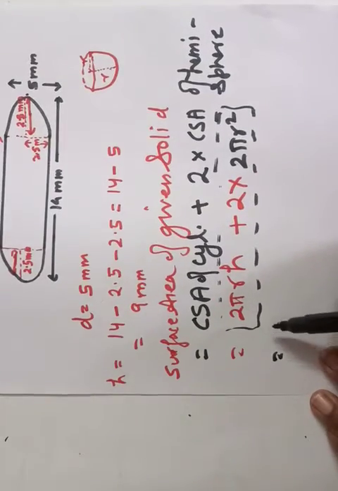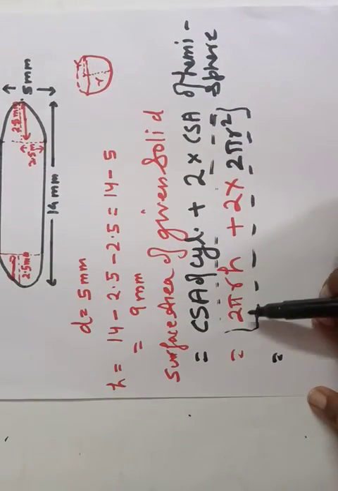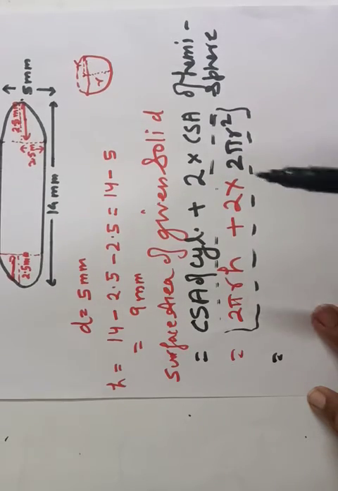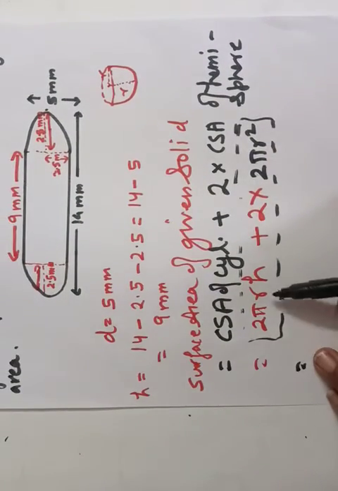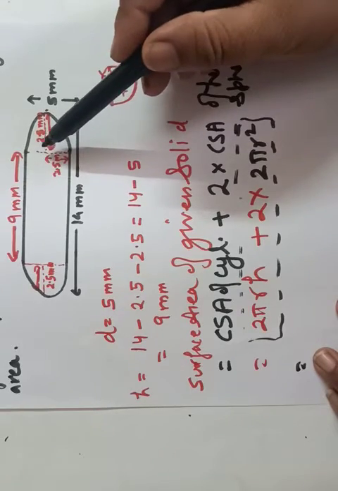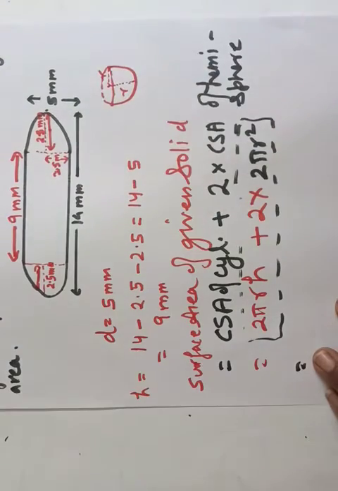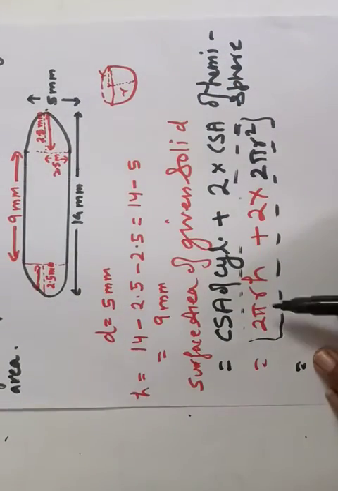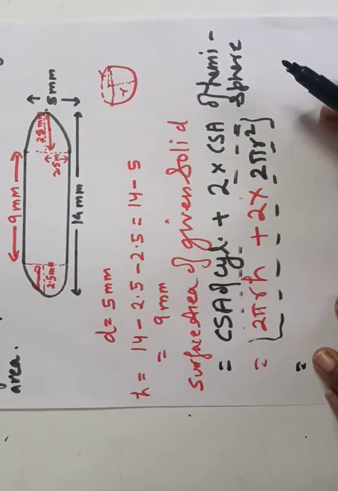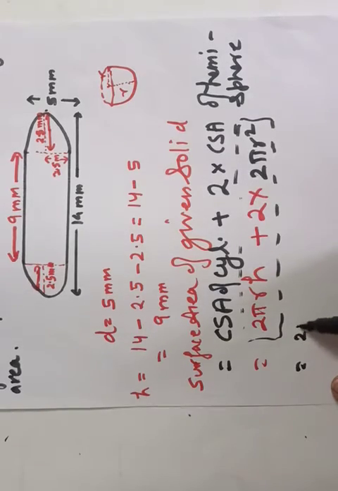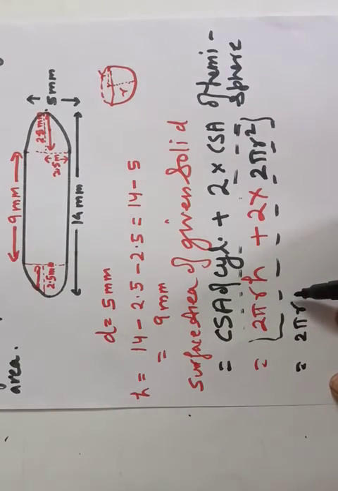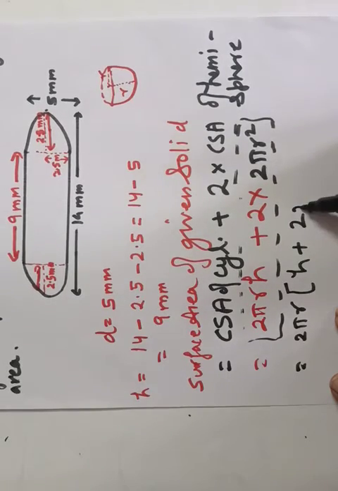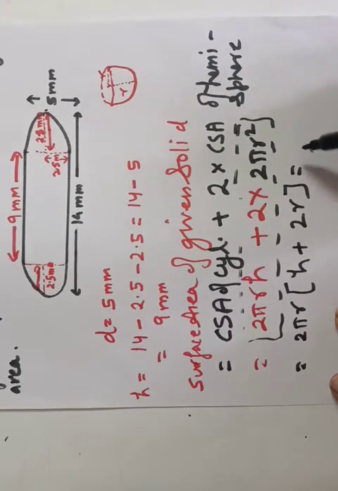The 2 pi and 2 pi are common, and this is very important, the radius for the cylinder and for the hemisphere is the same, we can see from the figure. So r is common here, and we can take 2 pi r common, and in the bracket we have h plus 2, and 1 r is left.